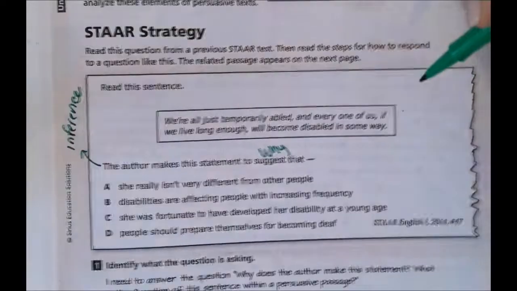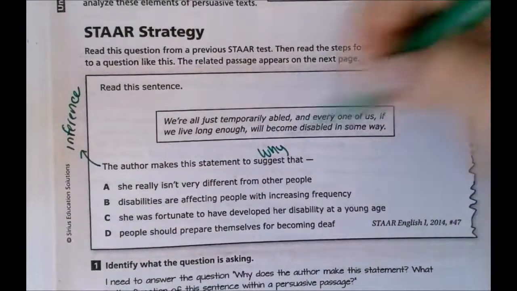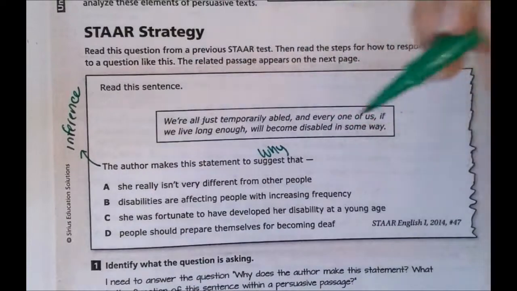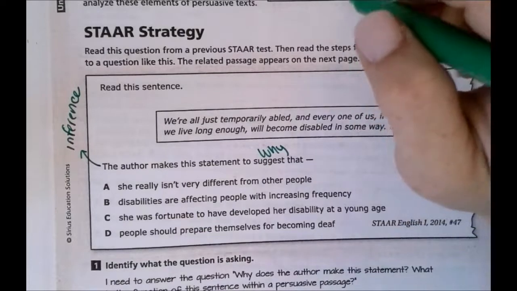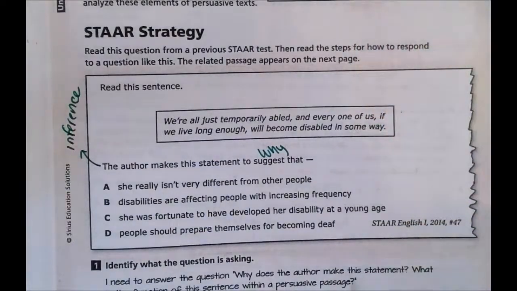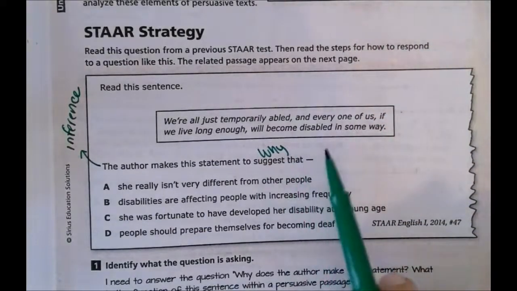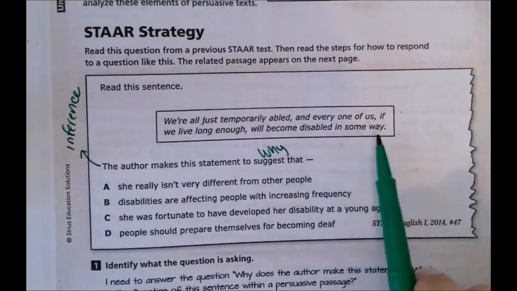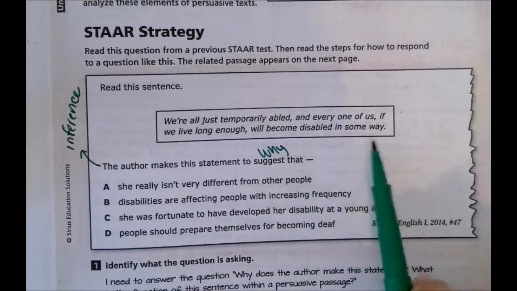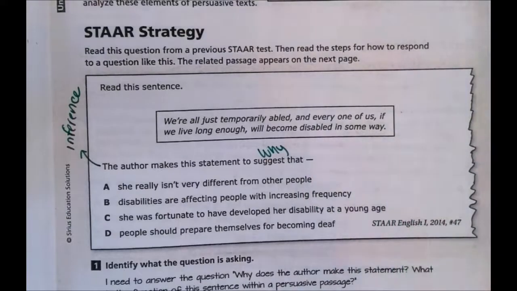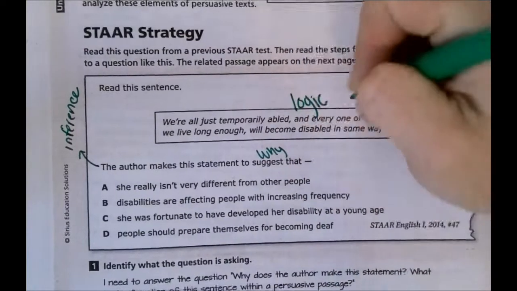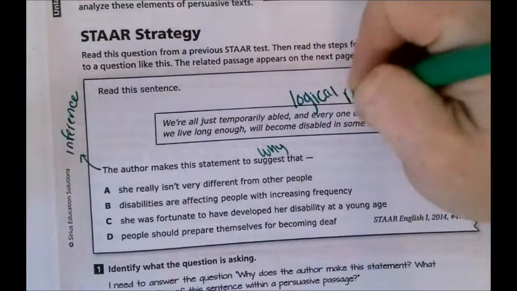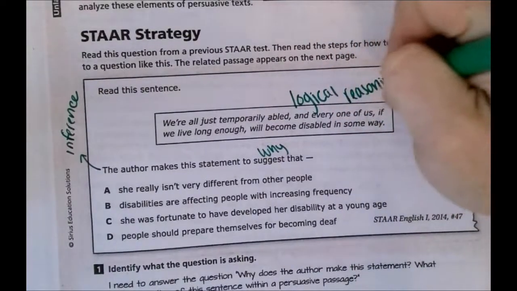All right, so the first step is probably to figure out what type of evidence this is, okay? It says, we're all just temporarily abled, and every one of us, if we live long enough, will become disabled in some way. Well, to me, that sounds like logical reasoning.